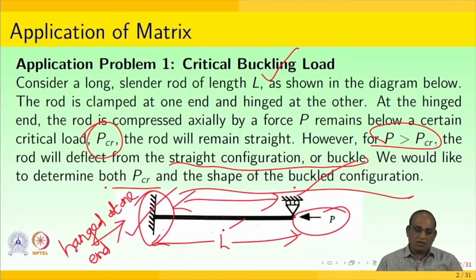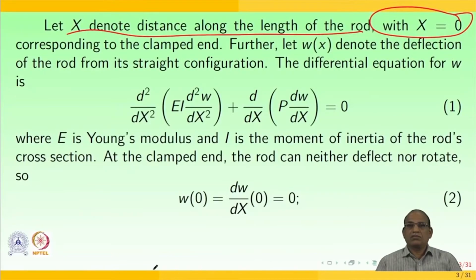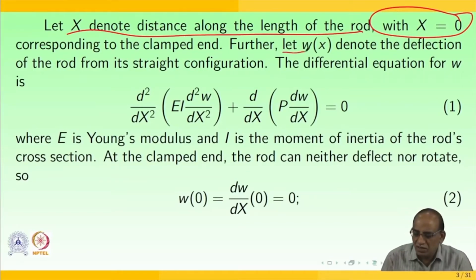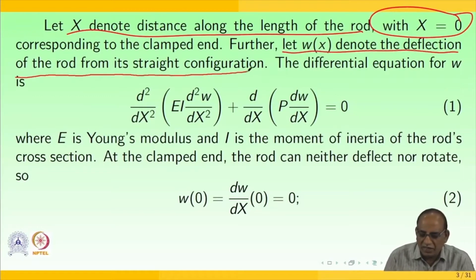Here, in this space, X is equal to 0. Further, let W(X) denote the deflection of the rod from its straight configuration.